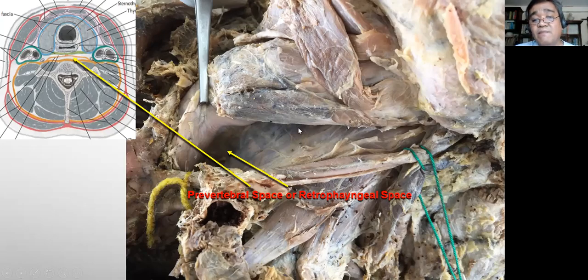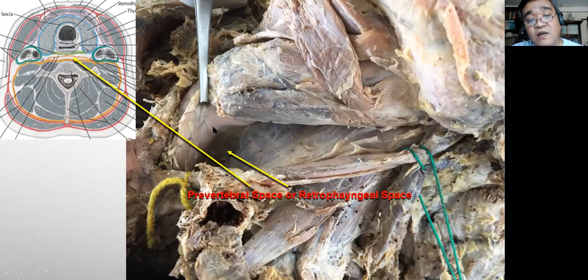And if you have infection within this space, let us say a retropharyngeal abscess, once that abscess ruptures, it can gravitate inferiorly into the superior mediastinum and can cause the fatal condition known as mediastinitis.